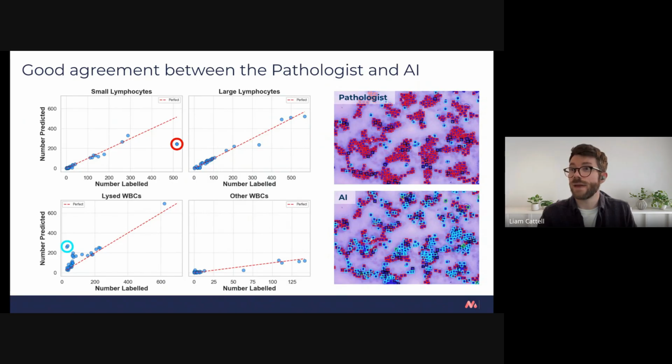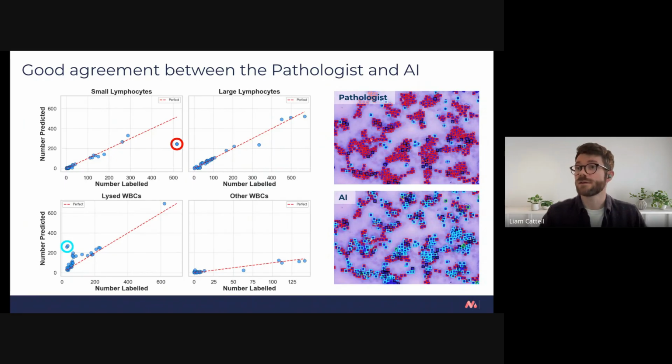As you can imagine, the boundary between those two lymphocyte types, small and large, is kind of fuzzy. A pathologist is not getting a ruler out and making exact measurements to say if something is small or large. They're doing this by eye. So there's a definite overlap between those two cell classes in the data that we see. In those cases, the AI will tag those as lysed instead.